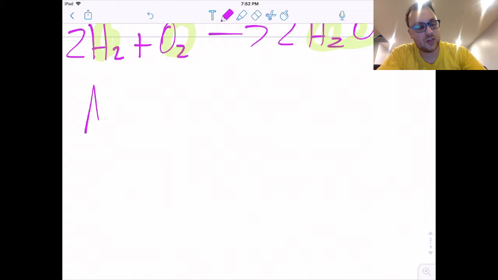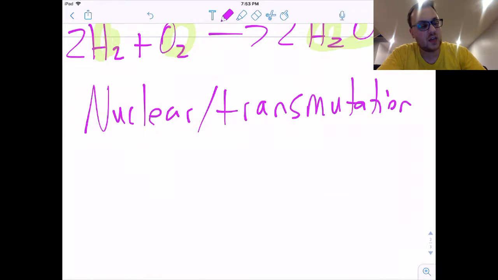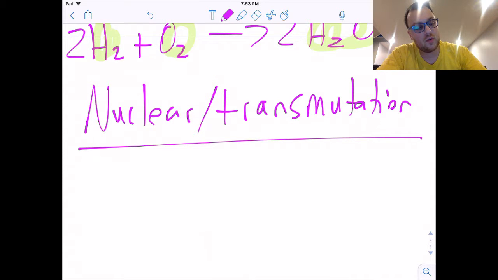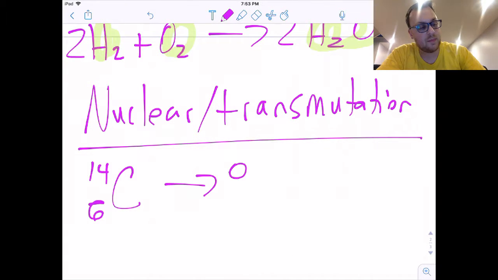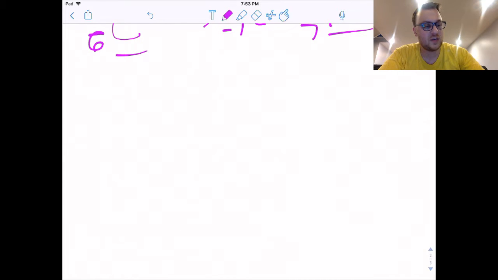A nuclear change, or a transmutation, is when you literally change the atom. So, carbon-14 will release a beta particle and turn into nitrogen. So we have completely changed the atom. Totally new atom.